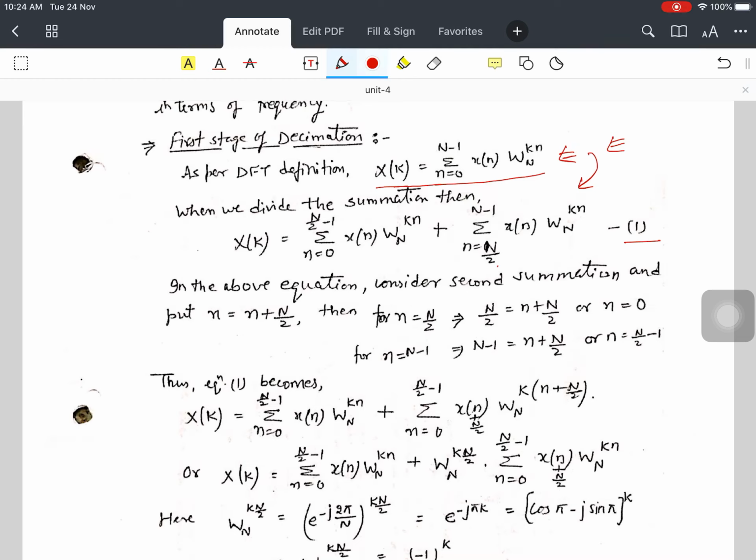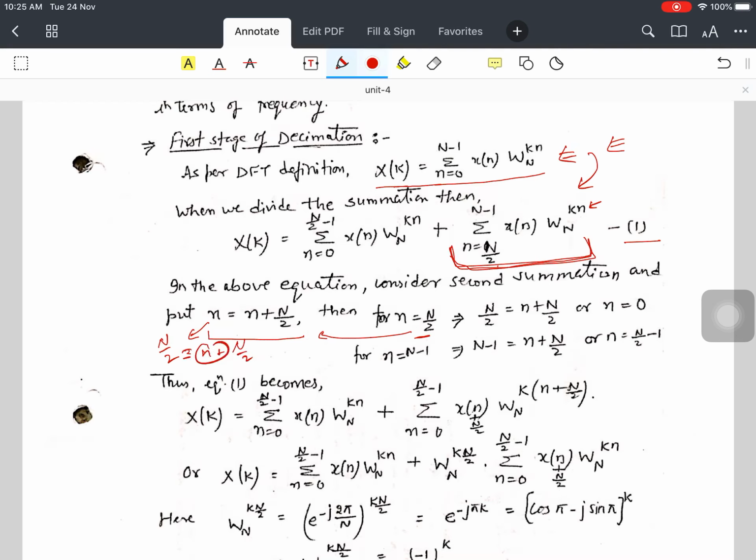In the above equation, consider the second summation. We are going to talk about only this summation right now. In this part put n equal to n plus N/2, that is, replace n with n plus N/2.